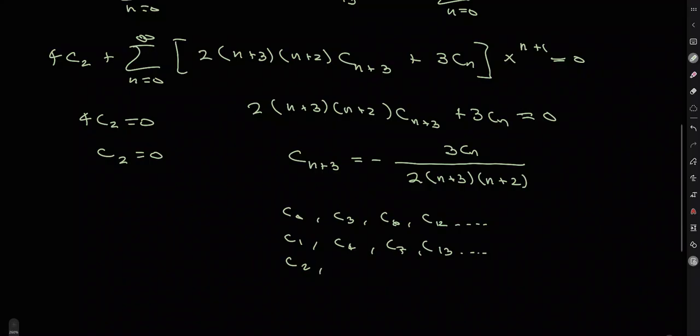And for c sub 2, the next one will be c sub 5. Add 3 to 2, that's c sub 5, c sub 8, and then 8 plus 3, that's c sub 11.